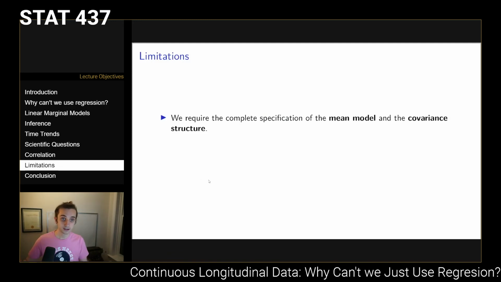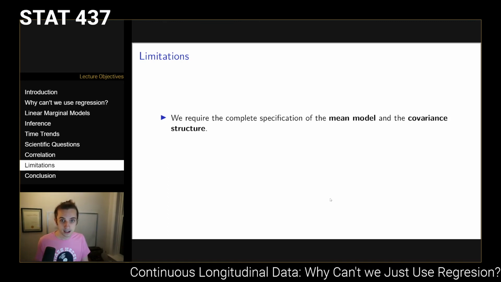The first big limitation is that this requires the complete specification of the mean model and of the covariance structure, right? So if we don't know what the true model for the mean is, or we don't know what the true covariance structure is, then it's not necessarily clear how we're going to proceed with this method.